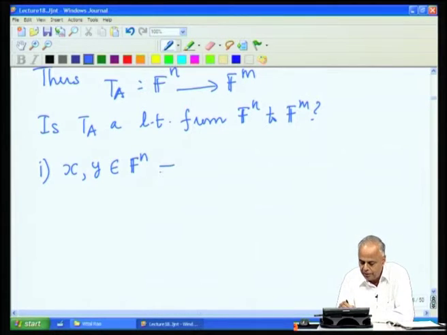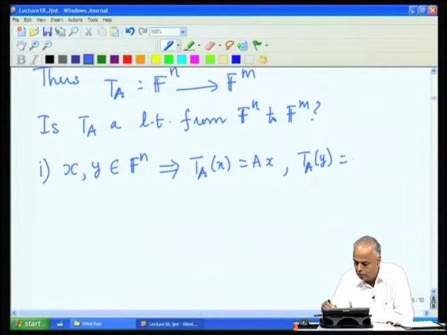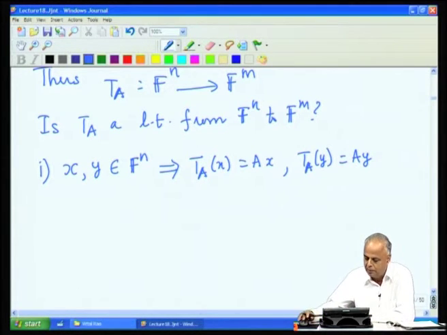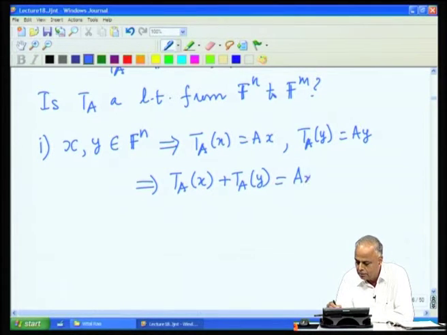Then by the definition of TA, TA of x is Ax, that is how we define the transformation TA. TA of y is Ay. So, what the transformation does is just pre-multiplies the vector by the matrix A, and therefore, we get TA of x plus TA of y is Ax plus Ay.